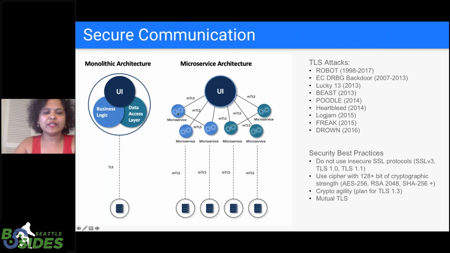Now let's take a look at some of the security best practices more carefully. Secure communication is extremely important in the microservices world. If you remember, in monolith architecture, where there was a thick giant server-side application communicating with the client side, we used to have a TLS connection.